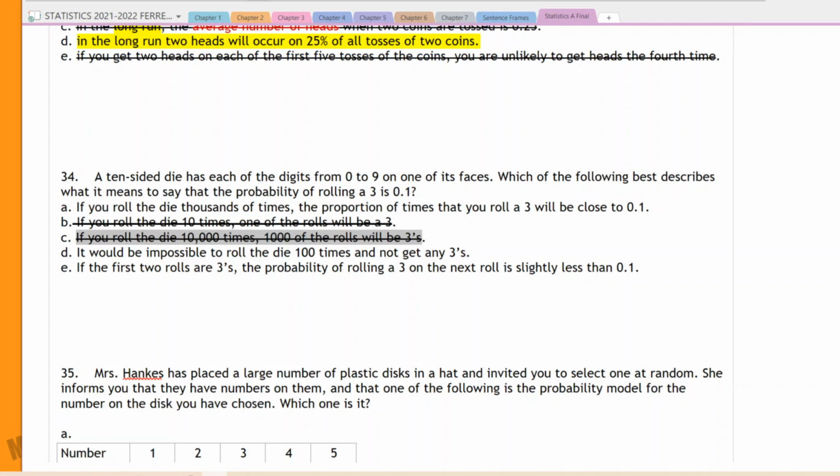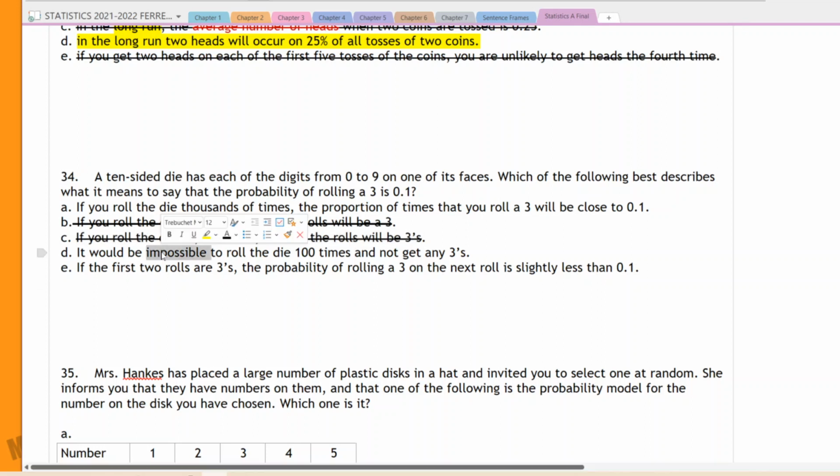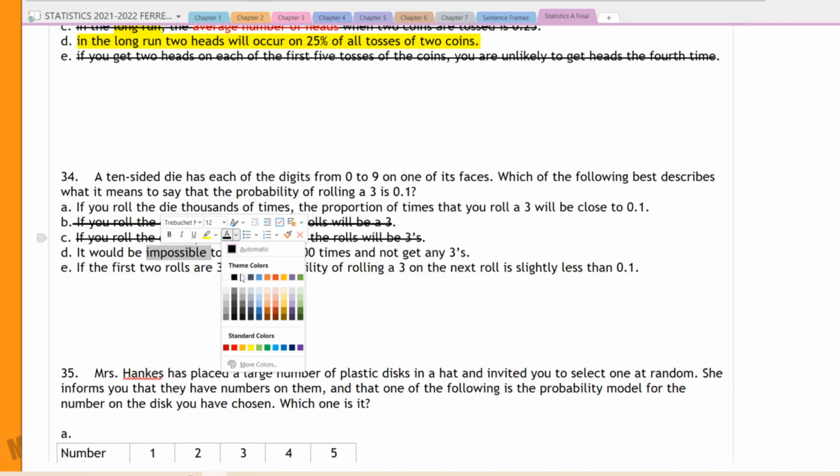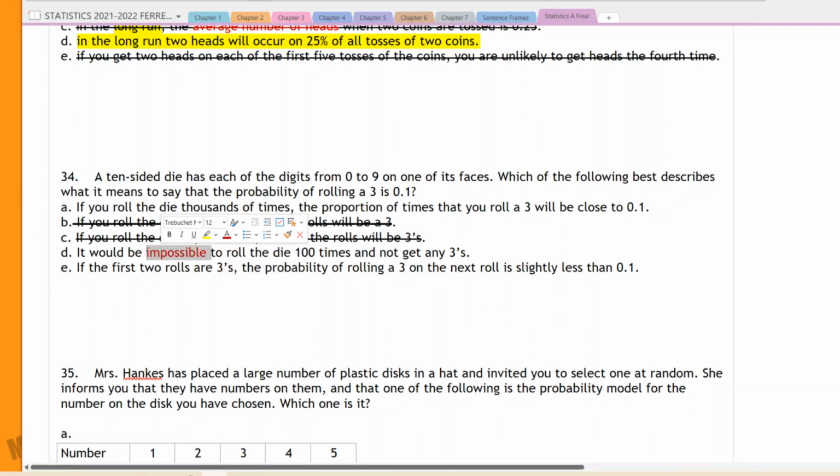Letter D says it would be impossible to roll the die 100 times and not get any 3s. Impossible? Well, not impossible. Improbable, yes, but not impossible. So I would say that this is probably not correct.